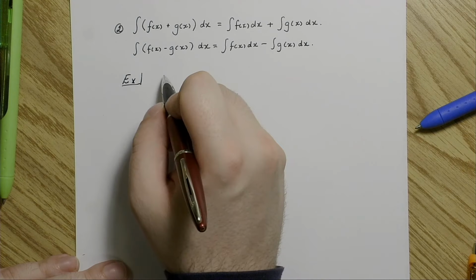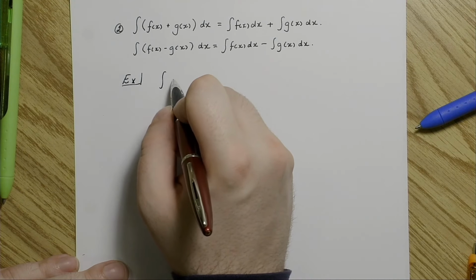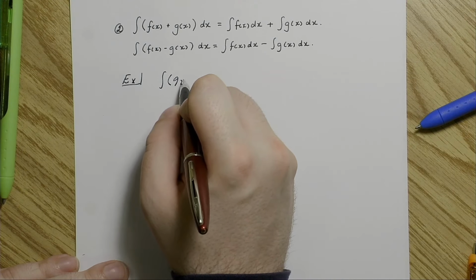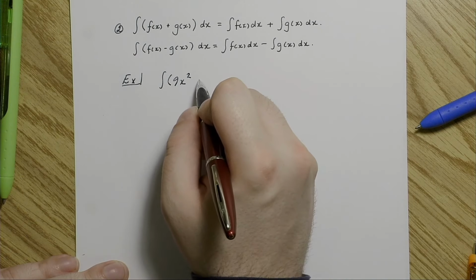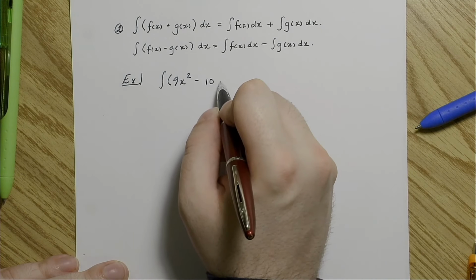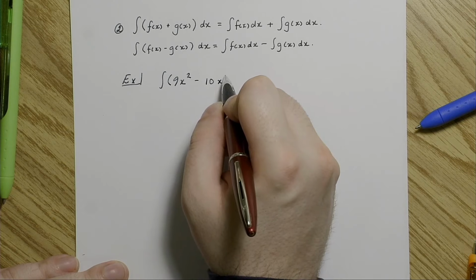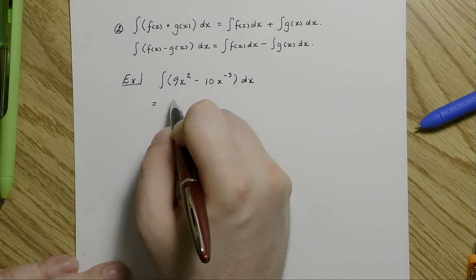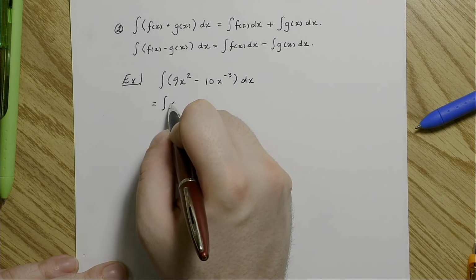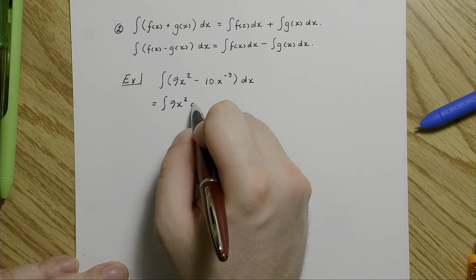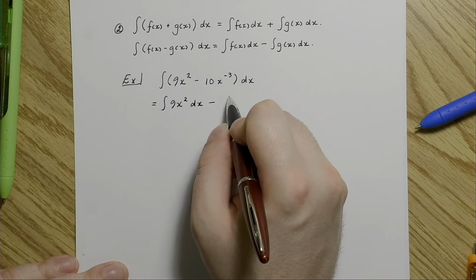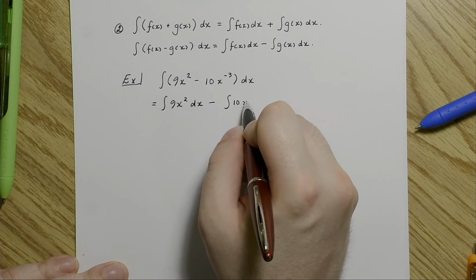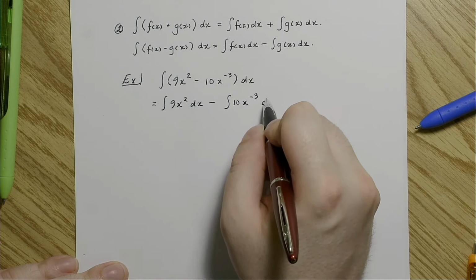And here's the example. So if we had something like the integral of 9x squared minus 10x to the minus 3 dx, that's equal to the integral of 9x squared dx minus the integral of 10x to the minus 3 dx.